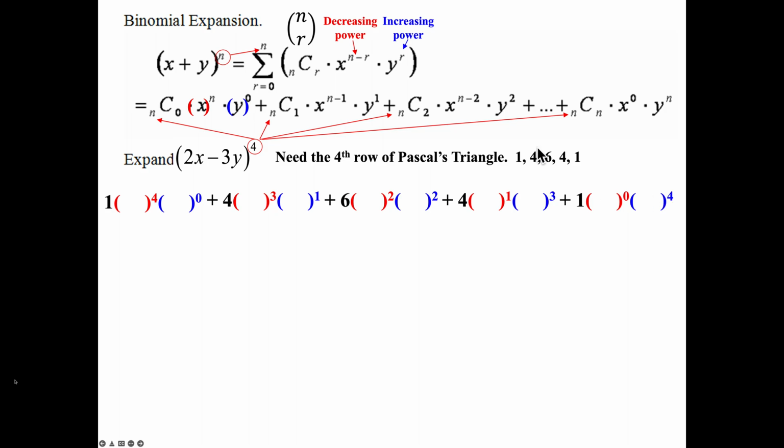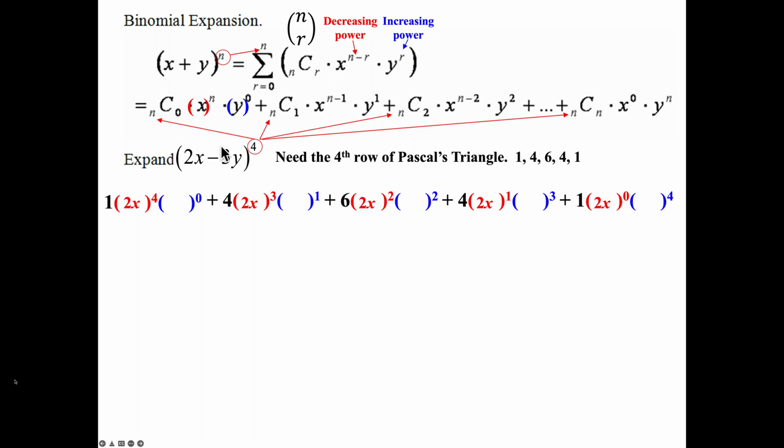And then what we're going to do is, the 2x, that's my first term. I'm going to put 2x in every set of red parentheses. Please make sure you understand how to do this, because this is how you show your work on the test. I will ask you to do this by the binomial expansion theorem.